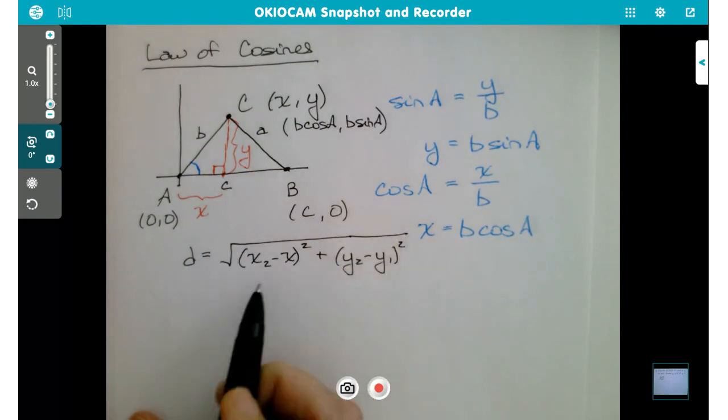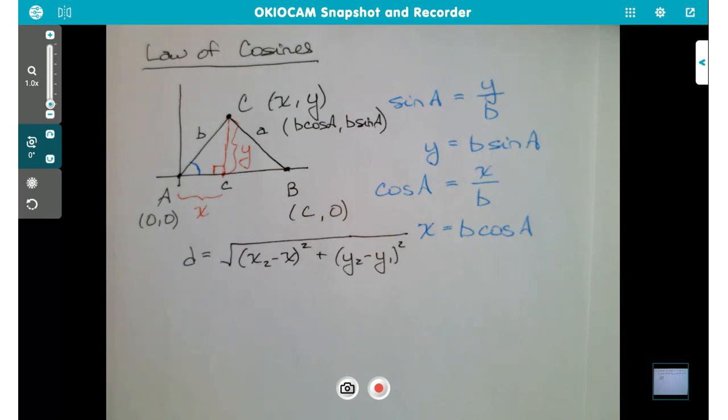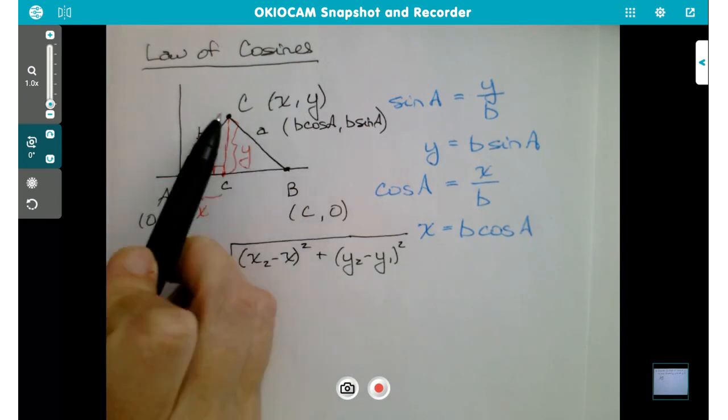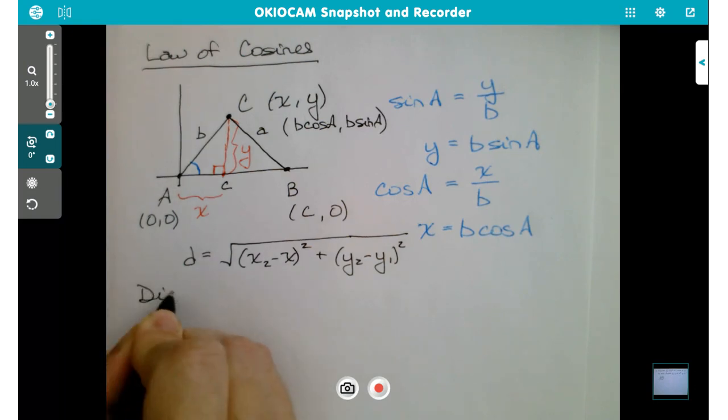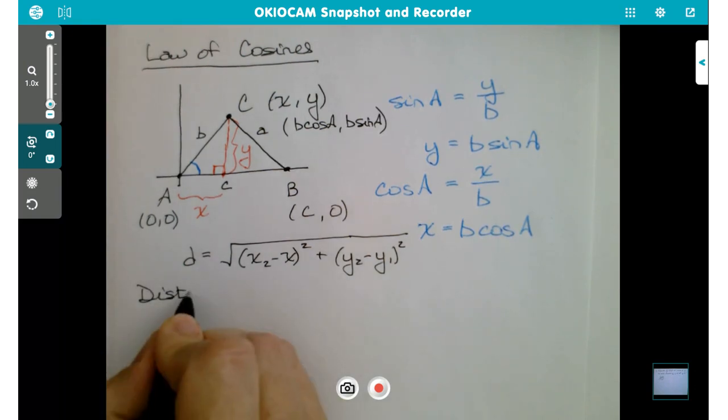I'm going to add those together, take a square root, and that gives me the distance between 2 points. Why do I care about that? Well, that's what we're going to use. I would like to talk about the distance between B and C. Distance between those 2 points.